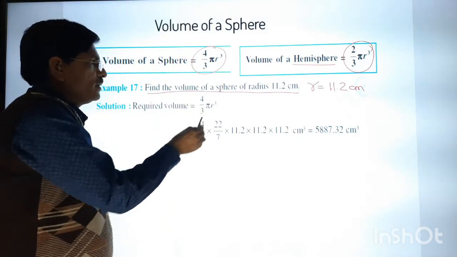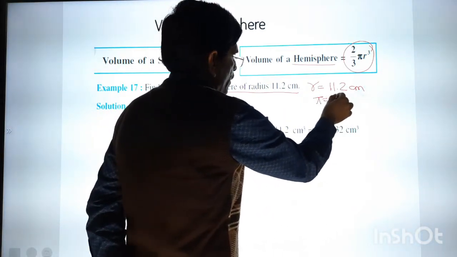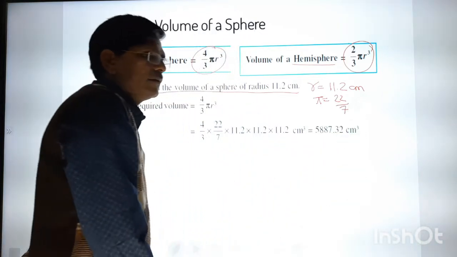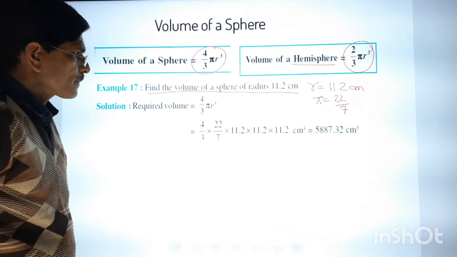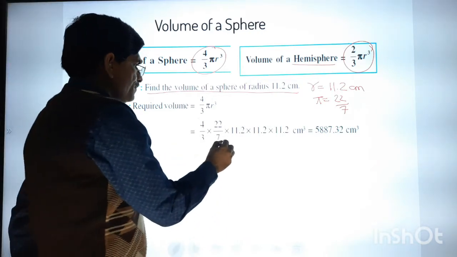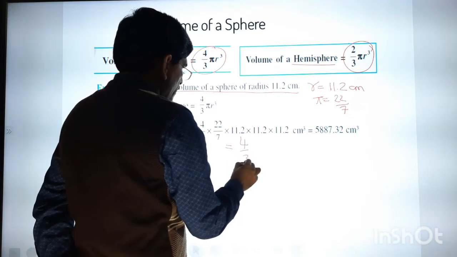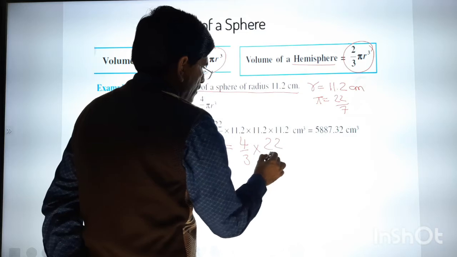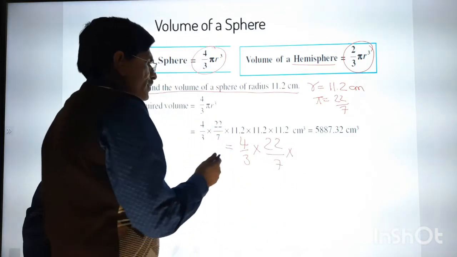So 4 by 3 pi r cube. If the value of pi is not given, then we have to use 22 by 7. Now if I put all the values here, 4 by 3 into 22 by 7 into 11.2.